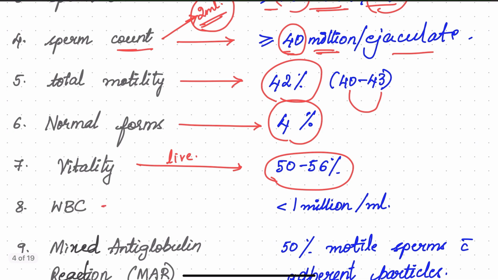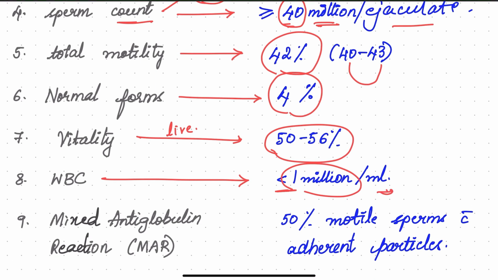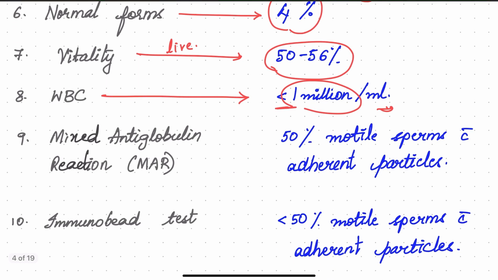WBCs are also present in the semen, which should be less than 1 million per ml. And there are two tests: the mixed antiglobulin reaction and the immunobead test. We will study these two tests in detail in the immunological assay of semen analysis in a later part.